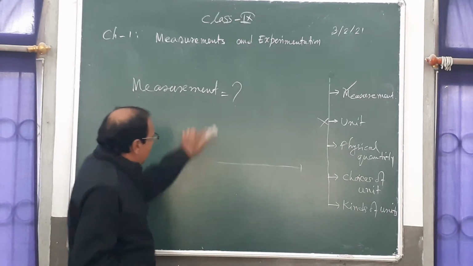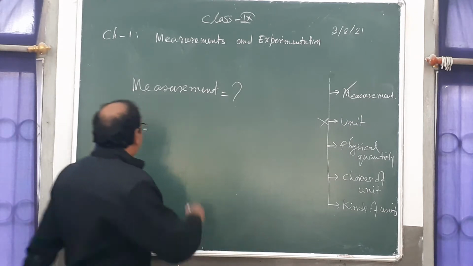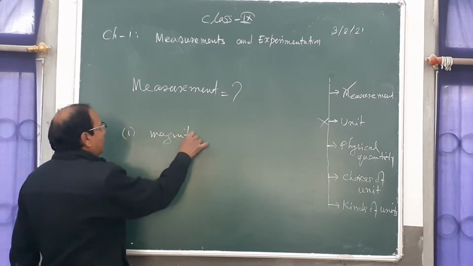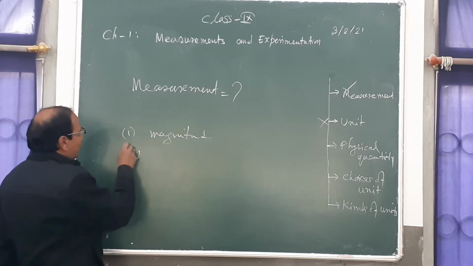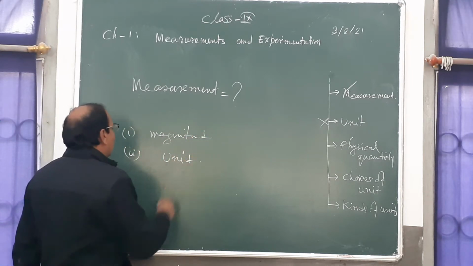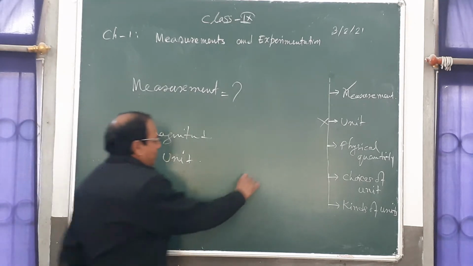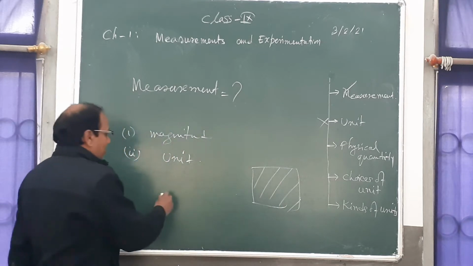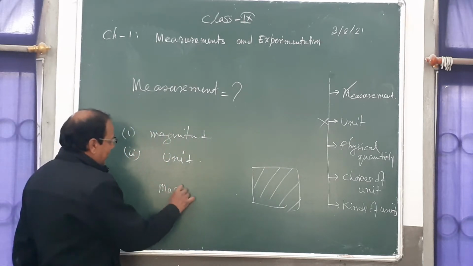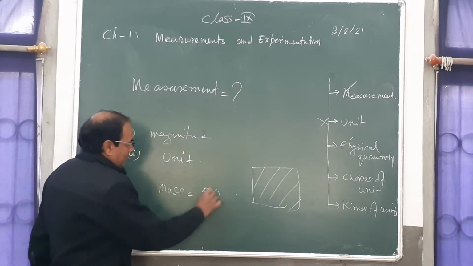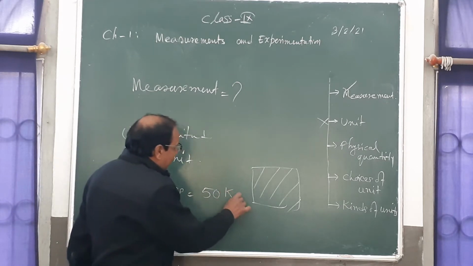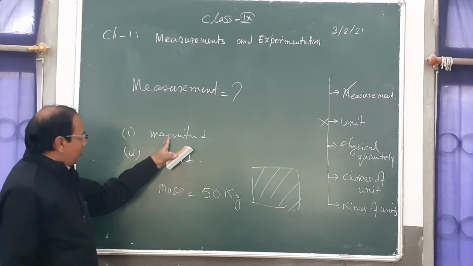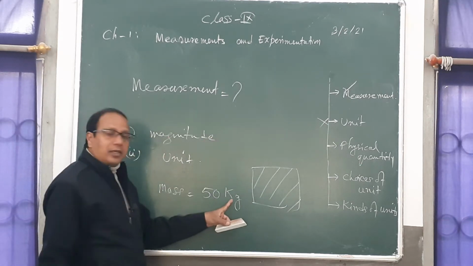One is magnitude and another is unit. Suppose the mass of this object is 50 and the unit is kg. So the numerical value is 50, that is the magnitude, and the unit is kg.